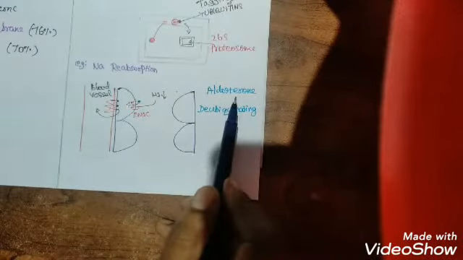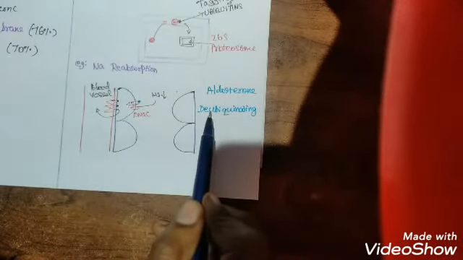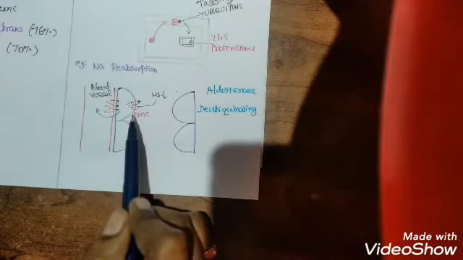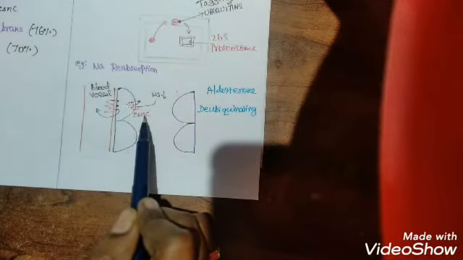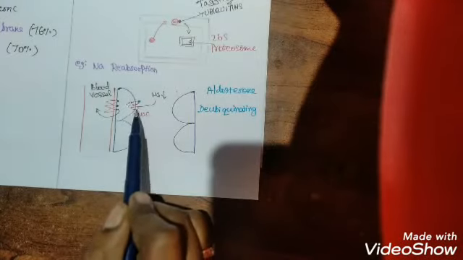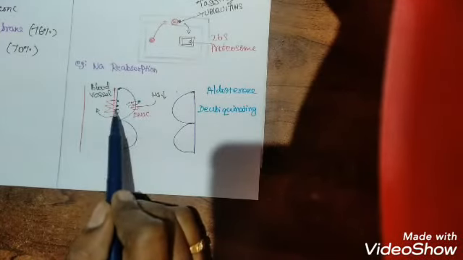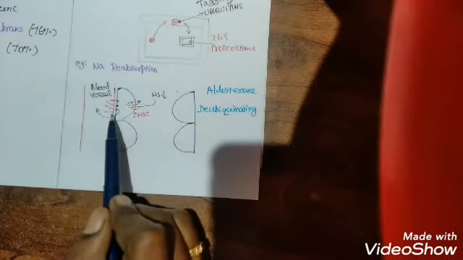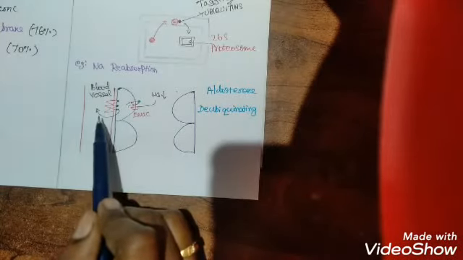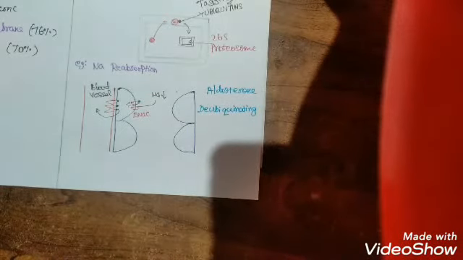What aldosterone does is de-ubiquitinate and let the epithelial sodium channel stay longer, which increases sodium reabsorption. Likewise, it increases the sodium potassium pump. So sodium reabsorption increases as long as aldosterone is active.